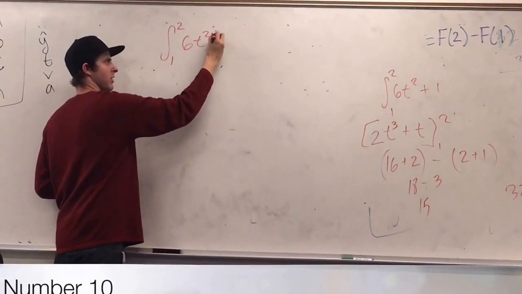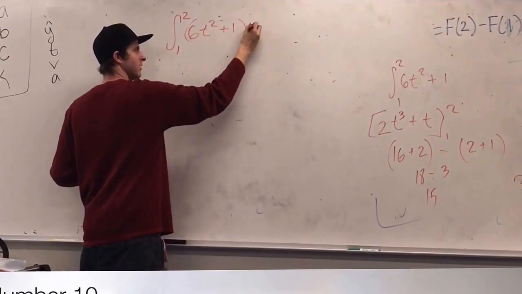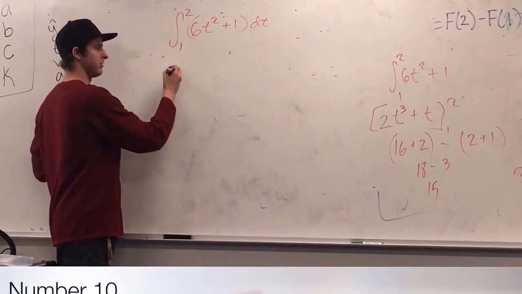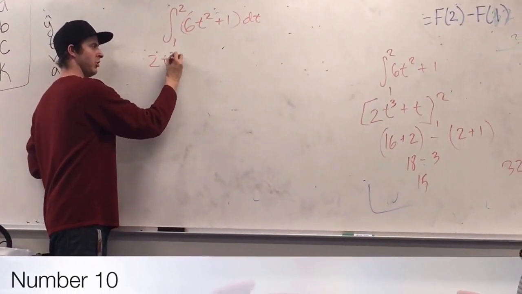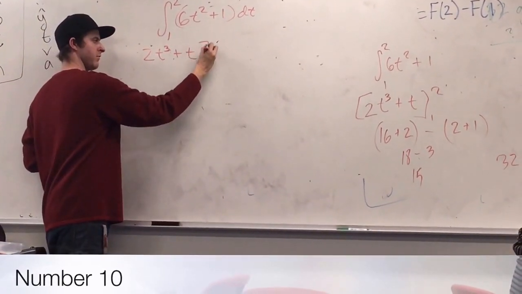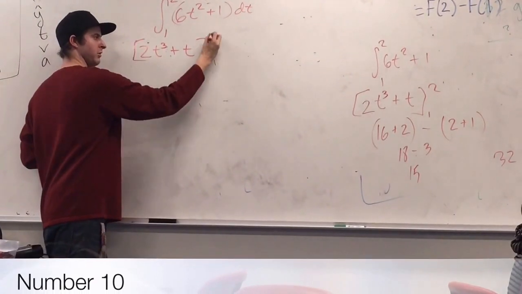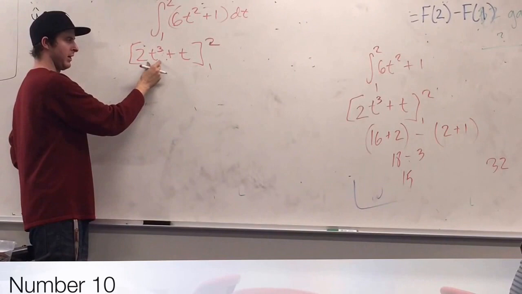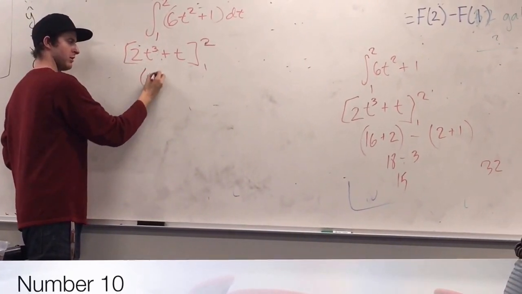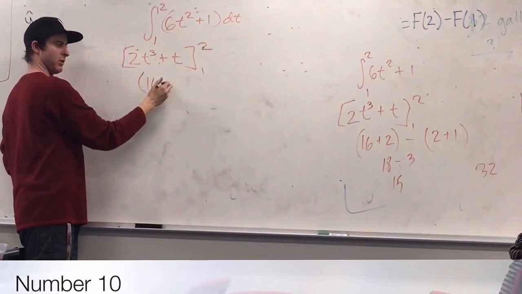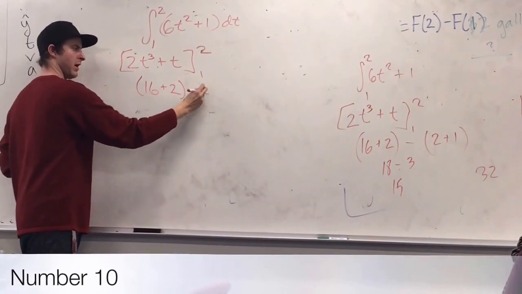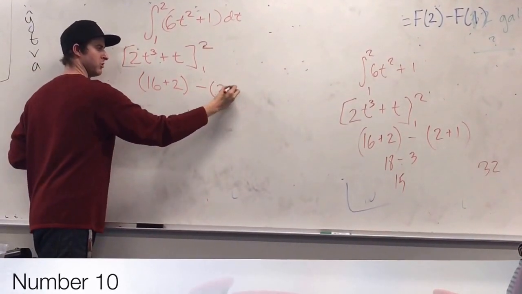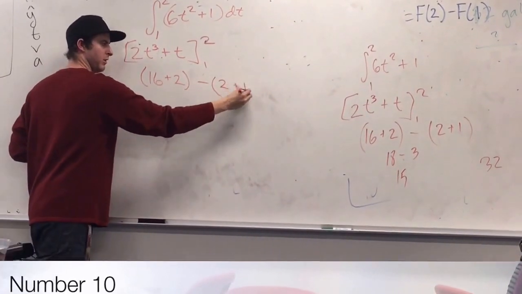Of 6t squared plus 1 dt. Okay, integral of 6t squared is 2t cubed plus t from 1 to 2. Plug in 2. 2 cubed is 8. 8 times 2 is 16, plus 2, minus 1 cubed is 1 times 2 is 2, plus 1.